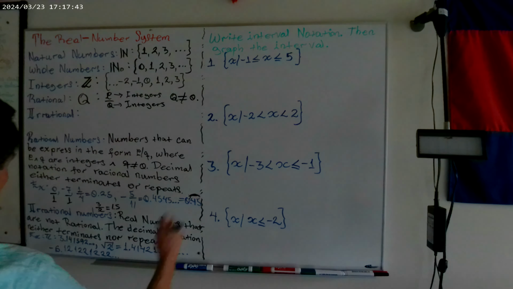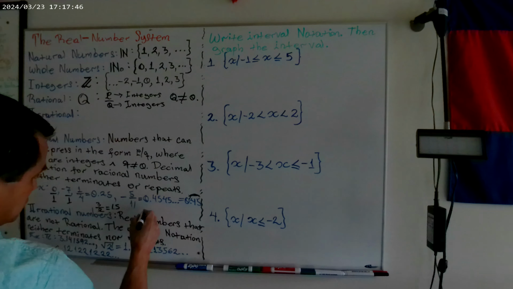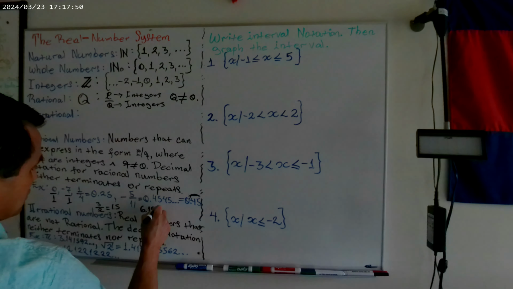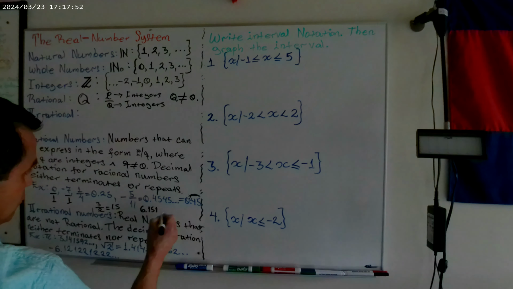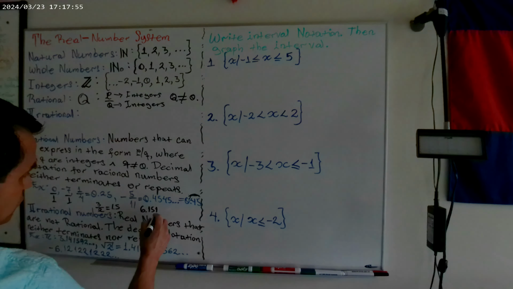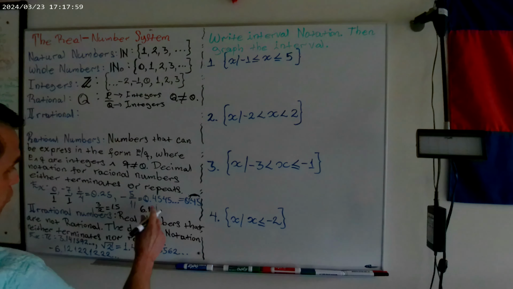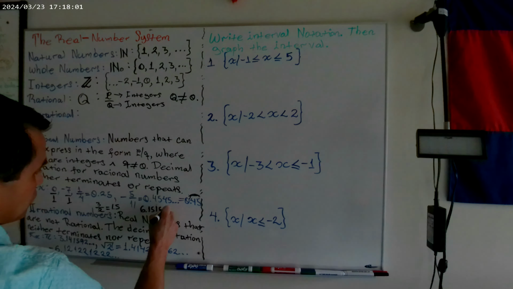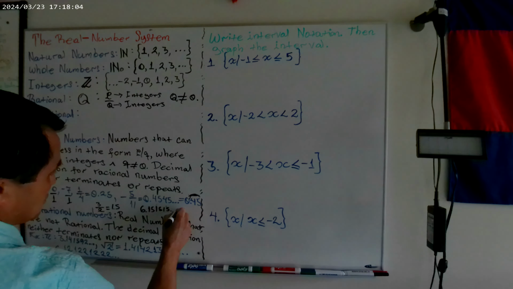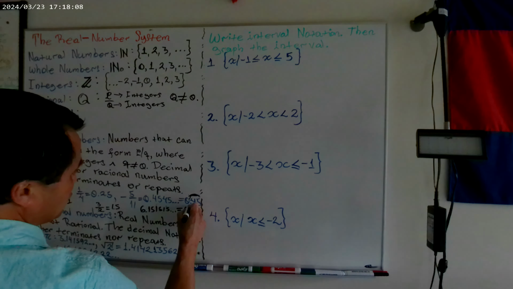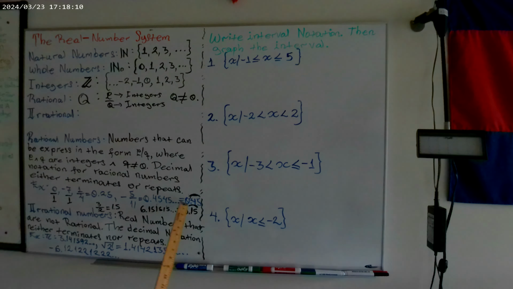We can also mention another example of a rational number, which is 6.15, 6.15, 15, and so on. So this one can be expressed as 6.15 with a little symbol on top of the repeating decimals.